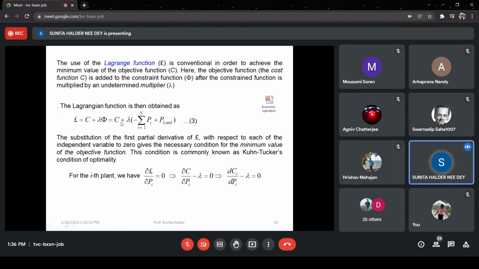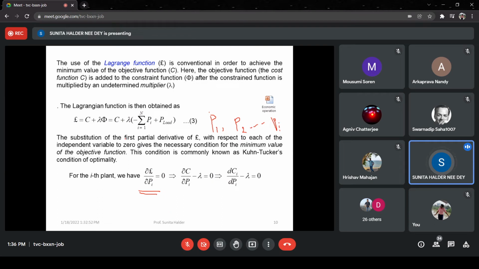Then obviously we shall take the first derivative of the Lagrangian function with respect to every variable. So what are the variables here? Here the variables are all the p's, so p1, p2, pi in this way. Here I have shown it for the ith generator.